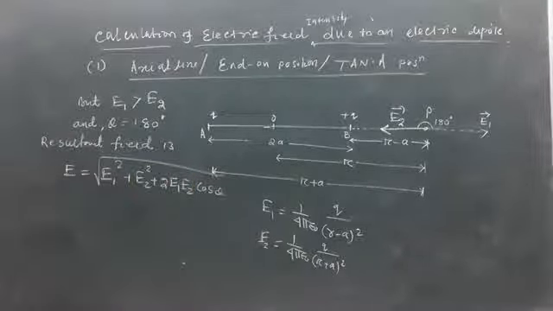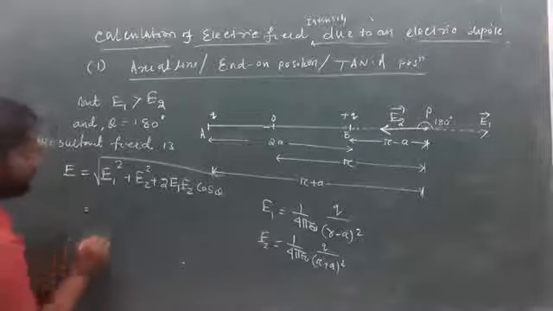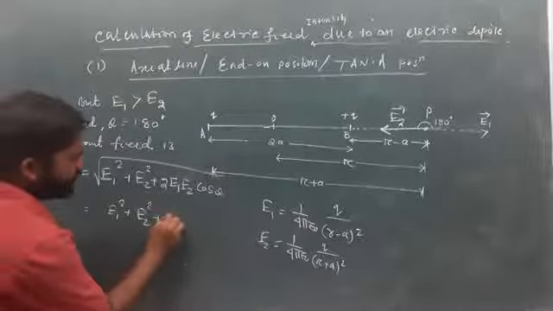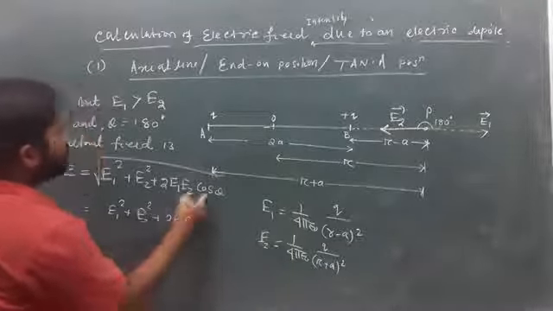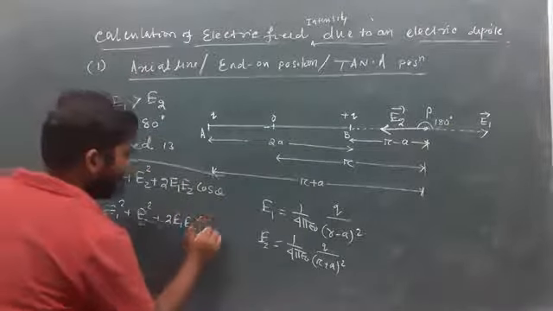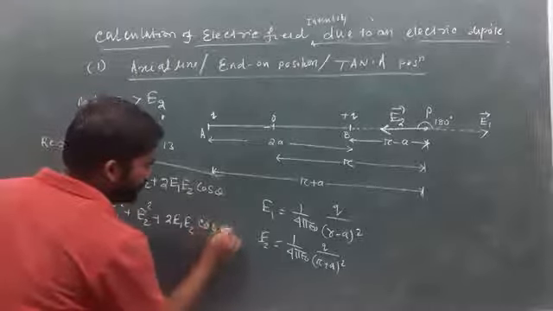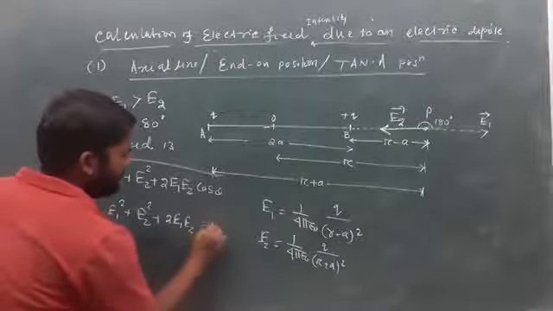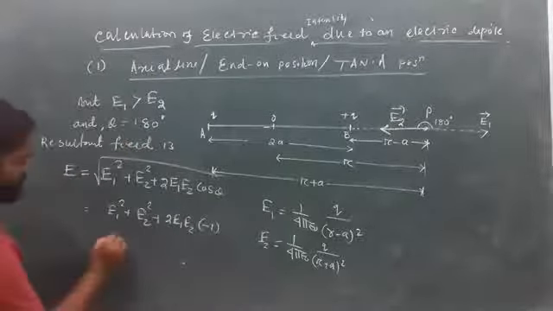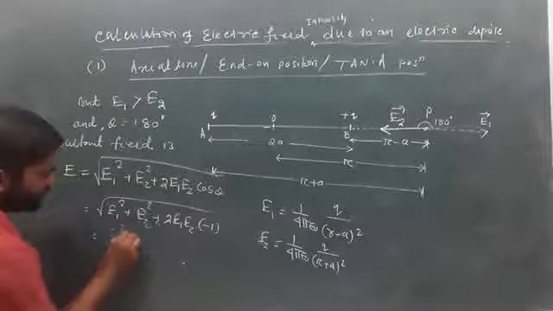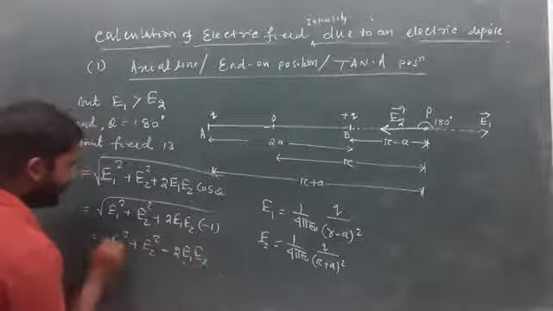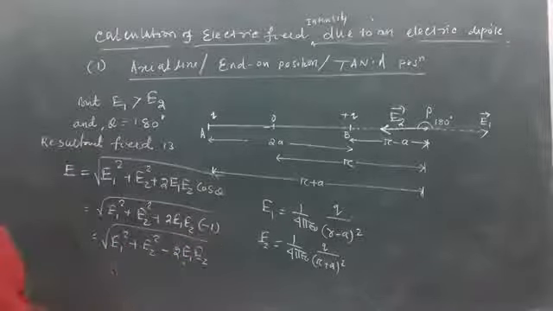The value of cos 180 is minus 1, so write minus 1 here. Substituting, that will be the root of E1 square plus E2 square minus 2E1 E2, which is the root of a square plus b square minus 2ab.